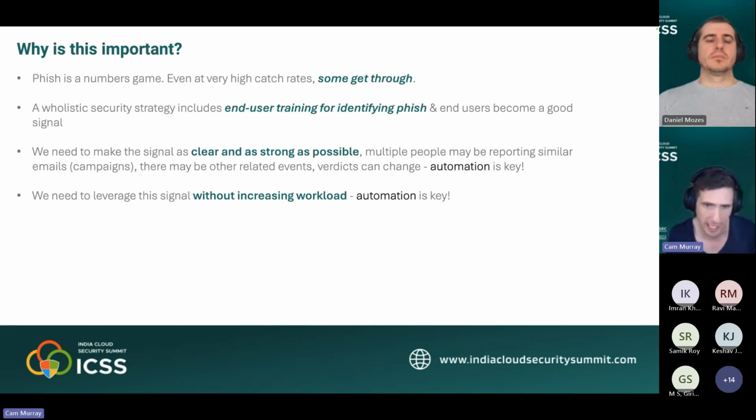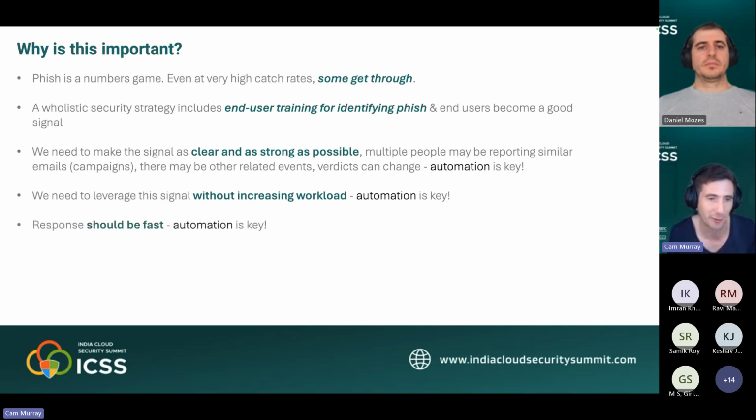We don't want you triaging 5 or 10 messages, especially if it's got to do with the exact same thing, right? So we want to package this up and provide as much signal as possible, and again, automation is a key component to making sure that your workload is not increased.